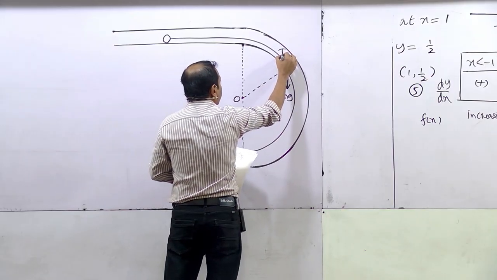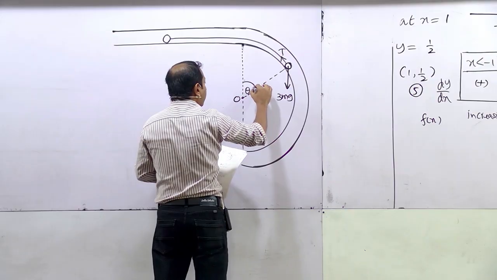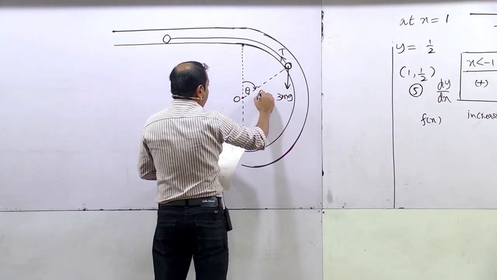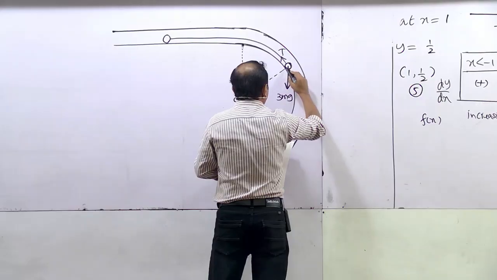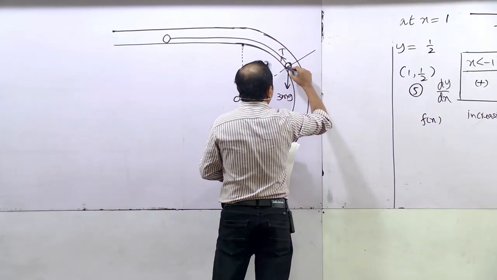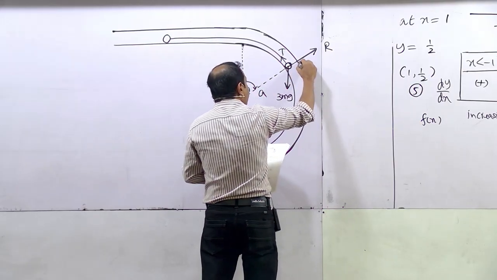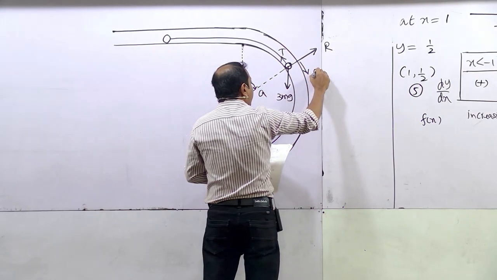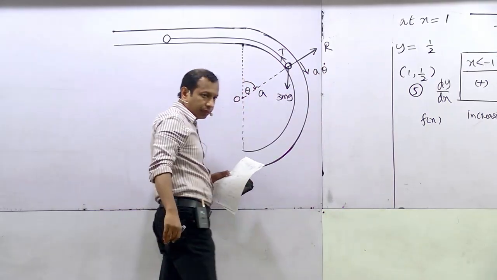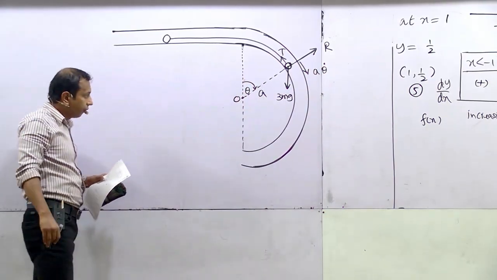Tension T available here. This angle theta. Radius is a. The normal reaction this way R. The velocity along this direction is a theta dot. Theta dot is the angular velocity.